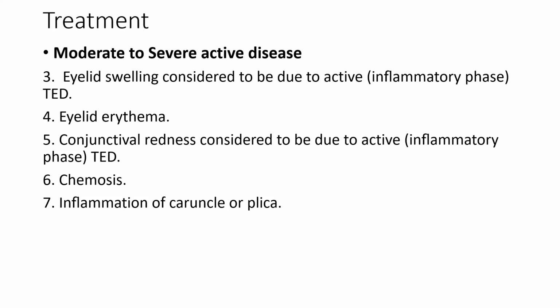Eyelid swelling considered to be due to the active inflammatory phase, like thyroid eye disease, eyelid erythema. Conjunctival redness considered to be due to the active inflammatory phase, chemosis, inflammation of the caruncle or plica. Each is given 1 mark, and if 3 or more points are there, then the disease is severe.